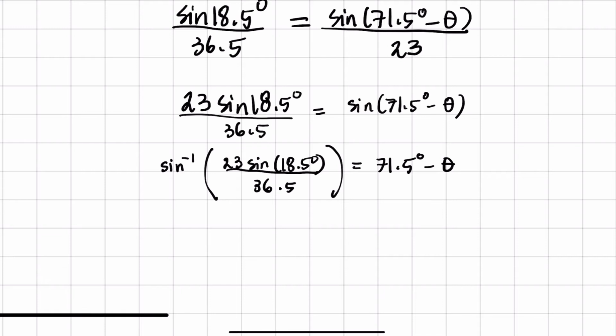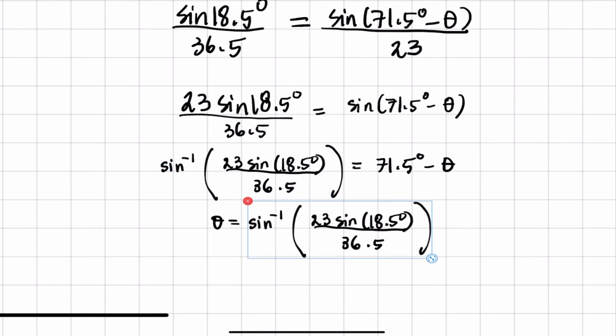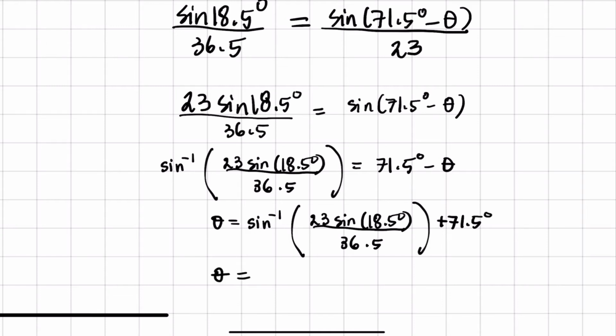Okay, so, lipat ko ito sa kanan, negative theta sa kaliwa, makukuha mo na yung theta, equal siya sa itong thing na to, plus 71.5. Or theta is equal to, so gamitan natin ang calculator.